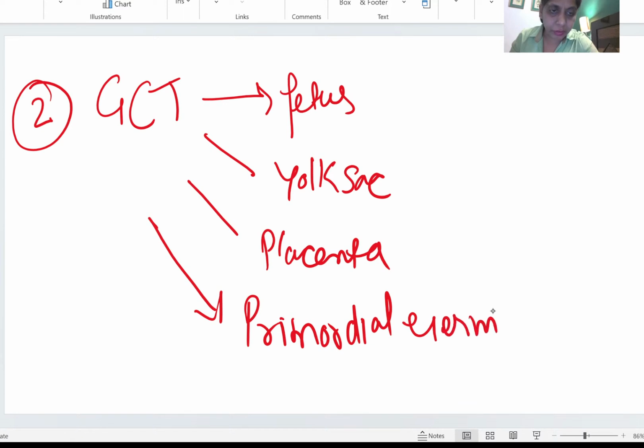Primordial germ cell comes from germ cell.